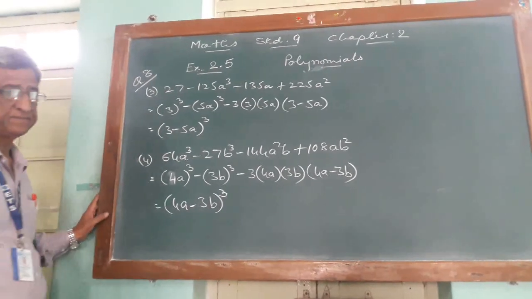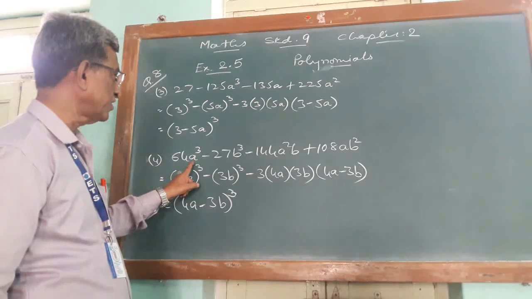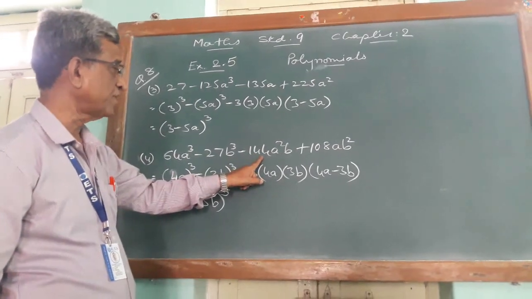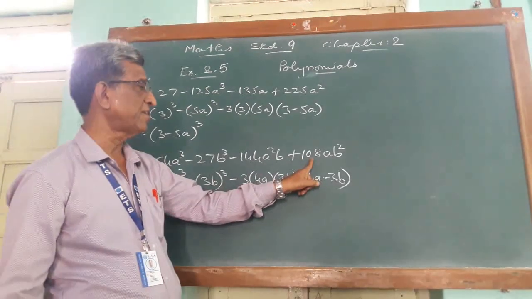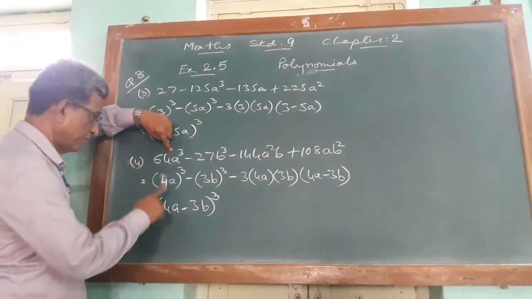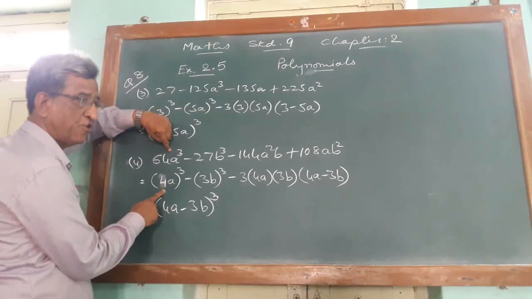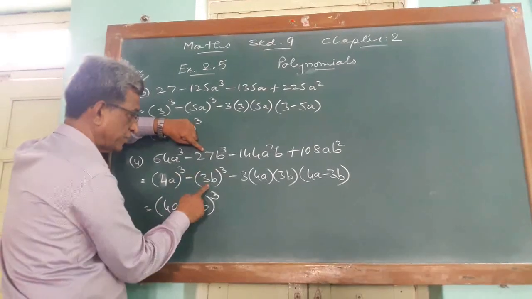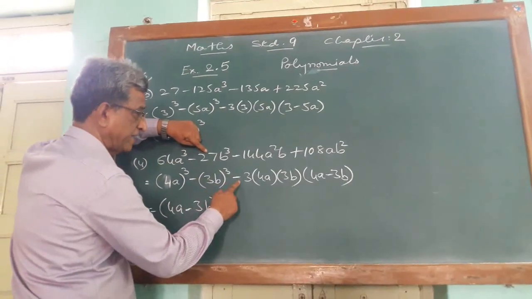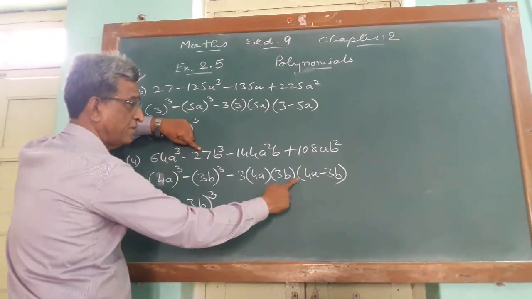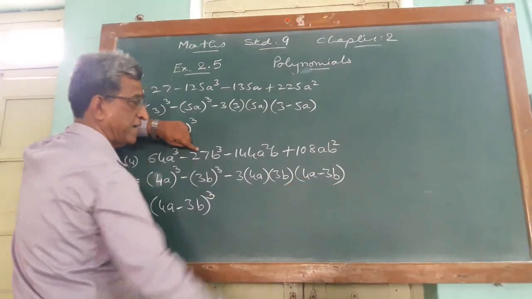Fourth question. 64a cube minus 27b cube minus 144a square b plus 108ab square. 64a cube can be written as 4a raised to 3. 27b cube, that is 3b whole cube minus 3a into b, 4a into 3b, a minus b, that is 4a minus 3b.